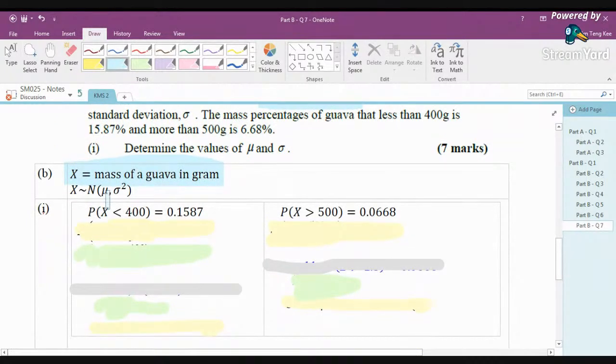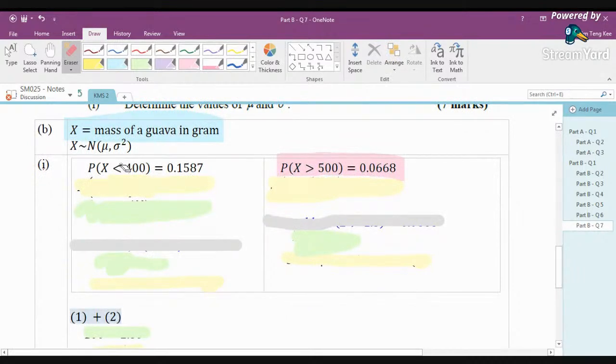We need to go on. First info, the mass is less than 400 gram. So we have the percentage as 15.87. If we convert to probability, we have P(X less than 400) equal to 0.1587. Then if more than 500, this is what we have, more than 500. And now we tackle one by one. Less than 400, those standardizations.